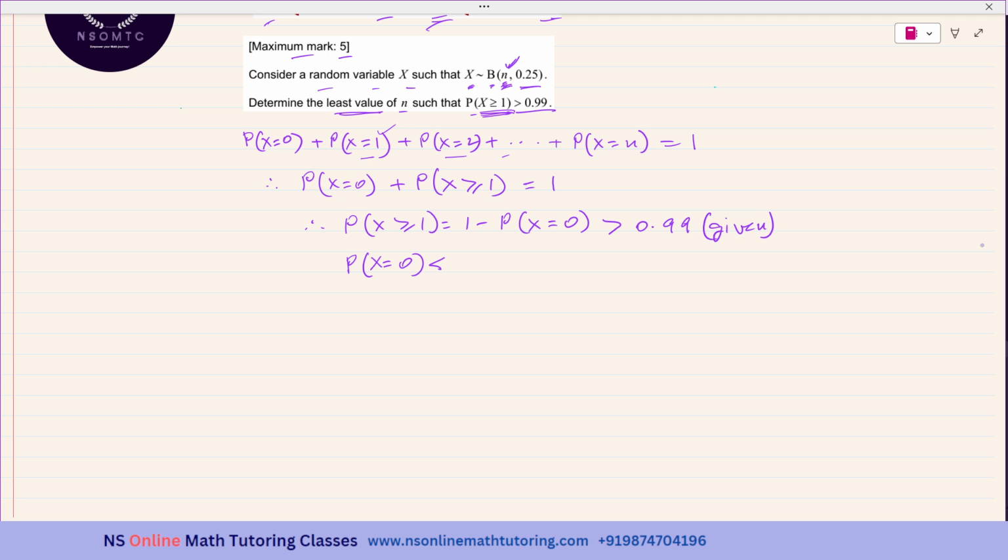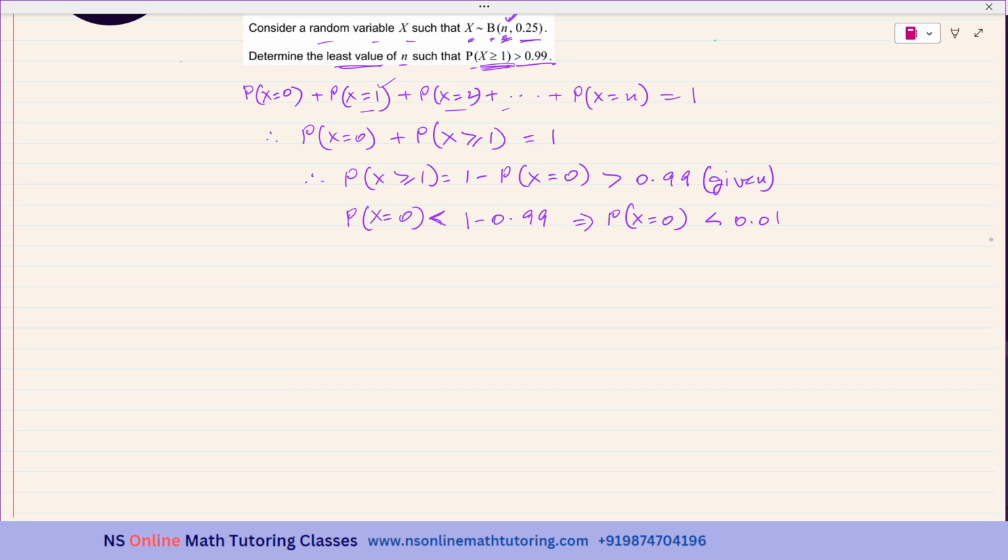Okay, so P(X = 0) will be less than 1 minus 0.99, which is 0.01. So P(X = 0) is less than 0.01. Okay, and we have learned the expression for P(X = r).